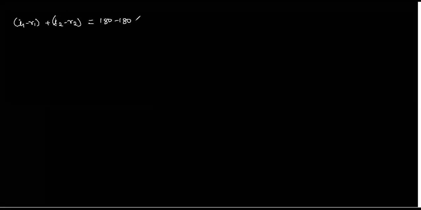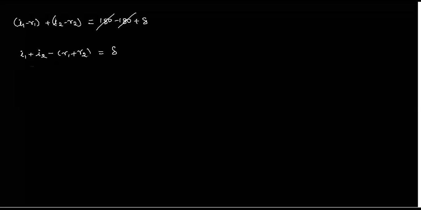This will get cancelled, and you will get I1 plus I2 minus, common, and inside the bracket I am writing R1 plus R2 is equal to delta.